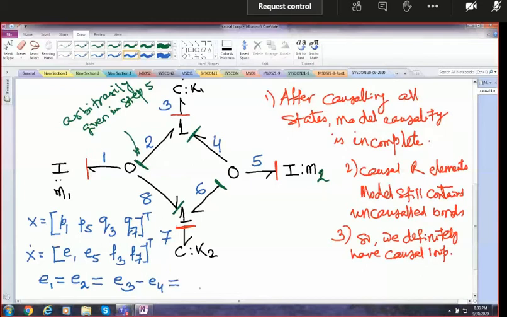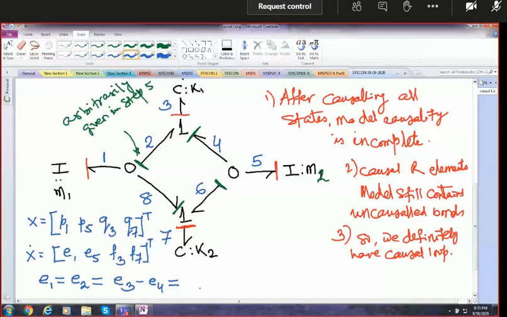So E3 minus E4. Now again, E4: the zero junction strong bond is 6. So E4 is E6, and E3 is how much? E3 is written in terms of states: K3Q3. Minus E6. Again, what is E6?